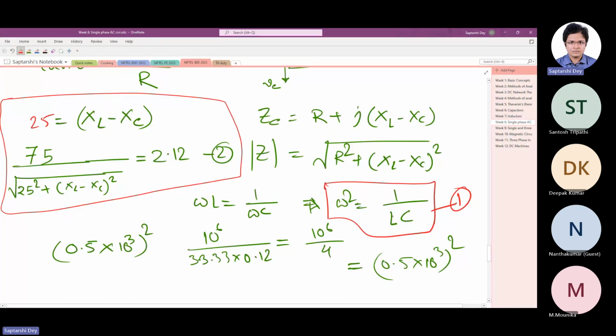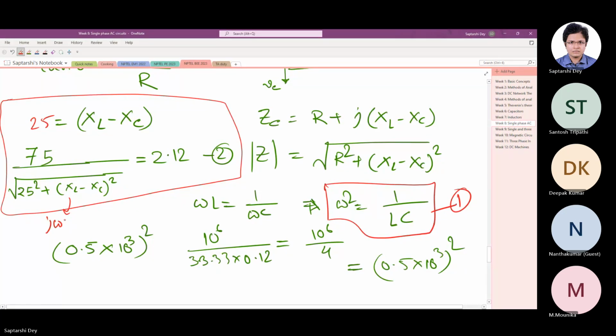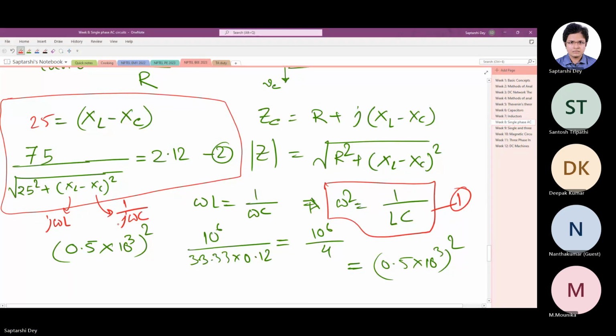From there you have to find L in terms of C or something, and put it here. XL you replace by j omega L, and XC by 1 by j omega C. Do you need to write j? No, it's modulus. So XL is omega L and XC is 1 by omega C.